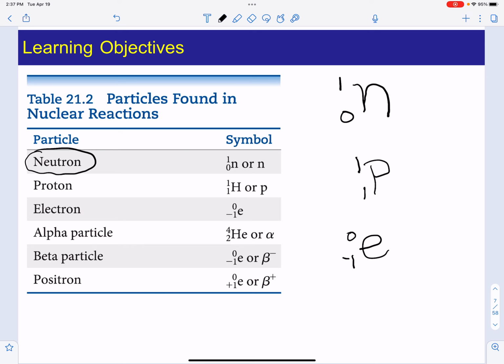And then we have something that is a lot more interesting than that, which is not an electron, but a positron. So a positron is an electron with a positive charge. So this can get weird because now we're kind of dipping our toes into particle physics.